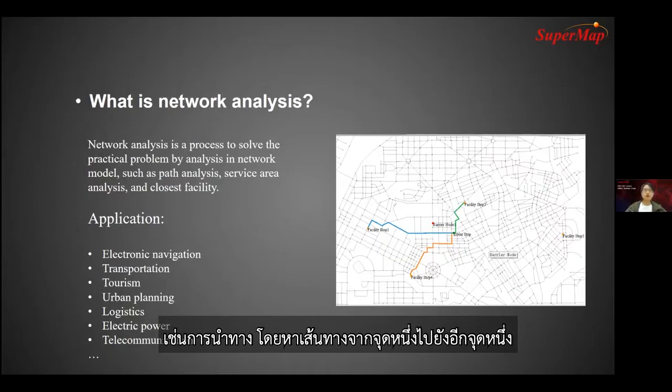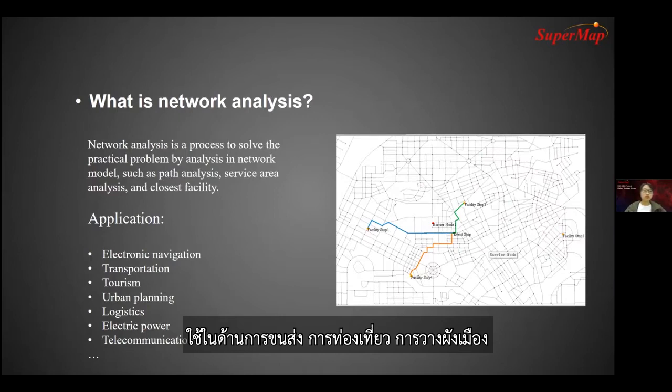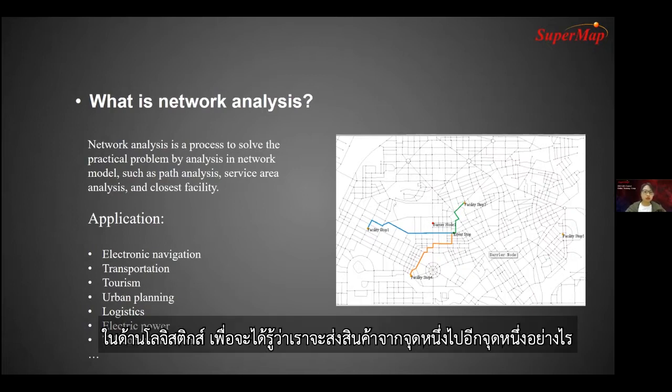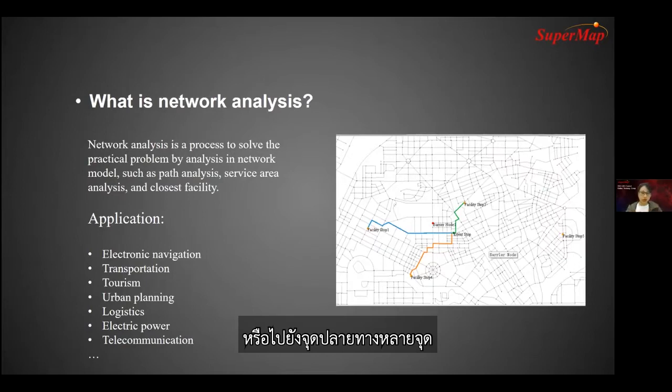We usually use the electronic map to create a route to get us from one place to another, and also for transportation applications, tourism, urban planning, and logistics, so that we can know how to deliver goods from one place to another place, or from one place to multiple places.